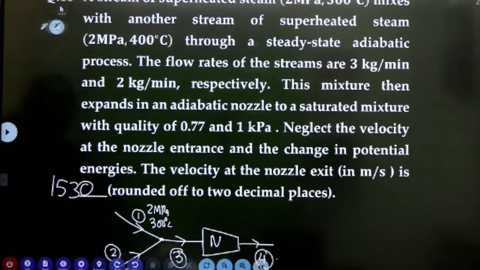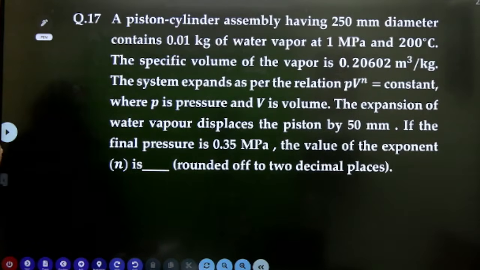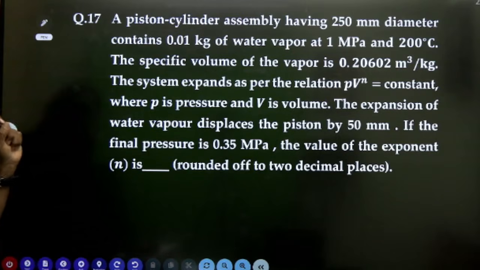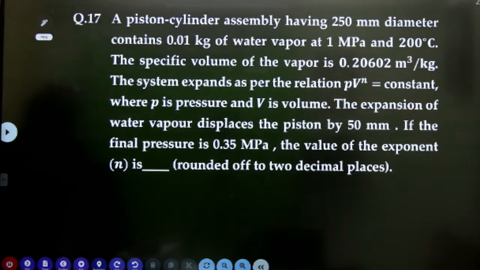Next is question number 17. A piston cylinder assembly, again a closed system, having 250 mm diameter, contains 0.01 kg of water vapor at 1 megapascal and 200 degrees centigrade. The specific volume of the vapor is 0.20602.